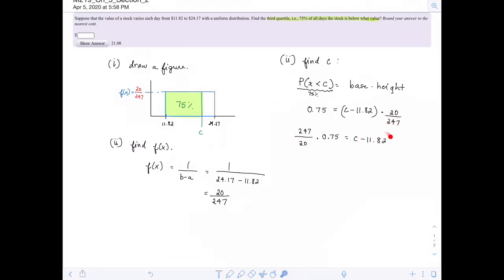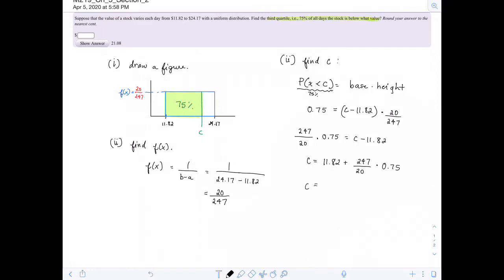And then I could add 11.82 to each side to isolate C. So then I would get C is equal to 11.82 plus 247 over 20 times 0.75. Notice I didn't round.